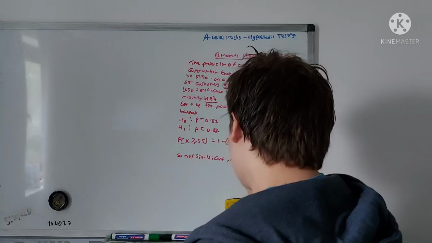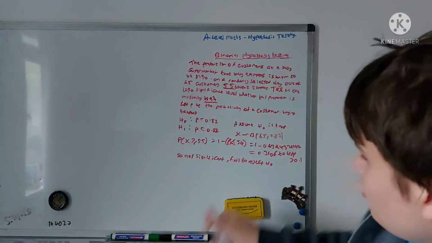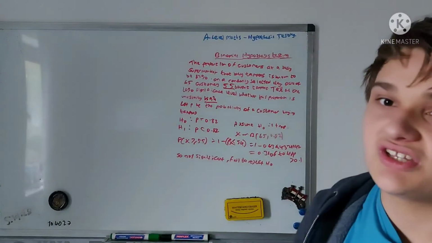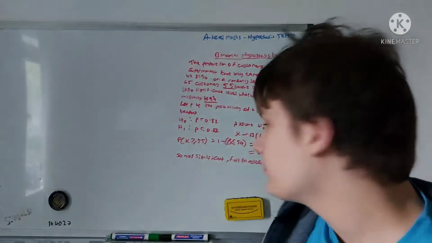So we fail to reject H0. You'd be condoned to write that instead of reject H0. I like writing it like that, but it's up to you.